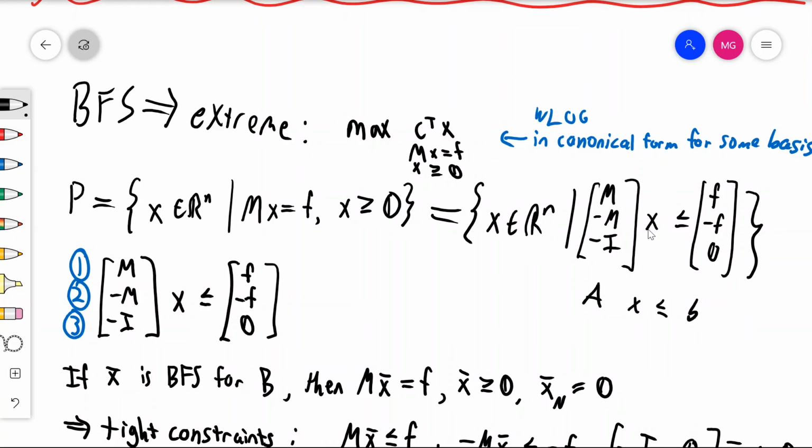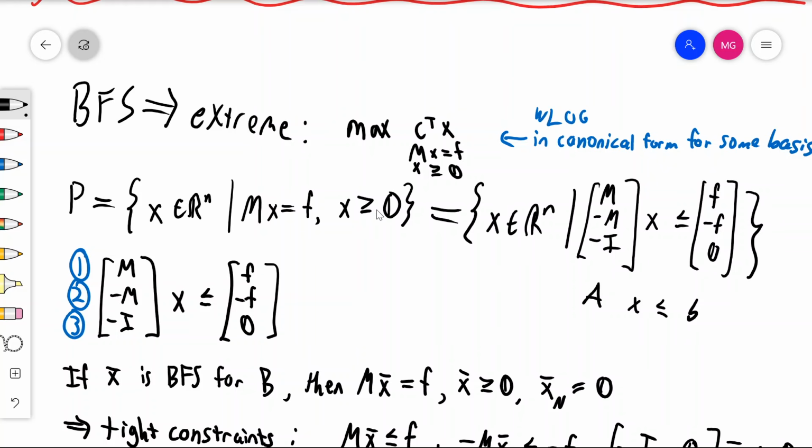So you have minus M times x is less than or equal to minus f. Those two sets of constraints are equivalent to the original system of equality constraints. And then finally, for the variable non-negativity, well, this is a greater than or equal to constraint.